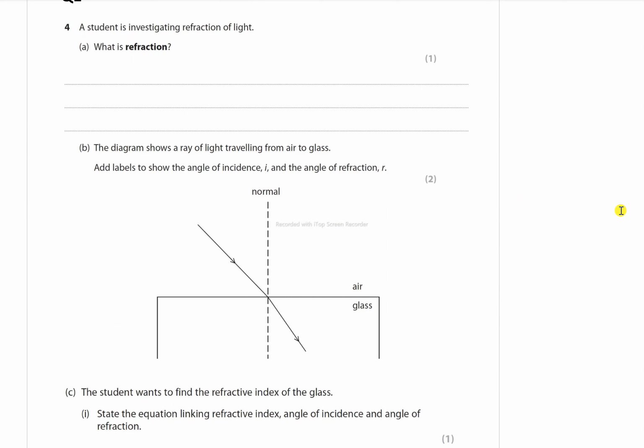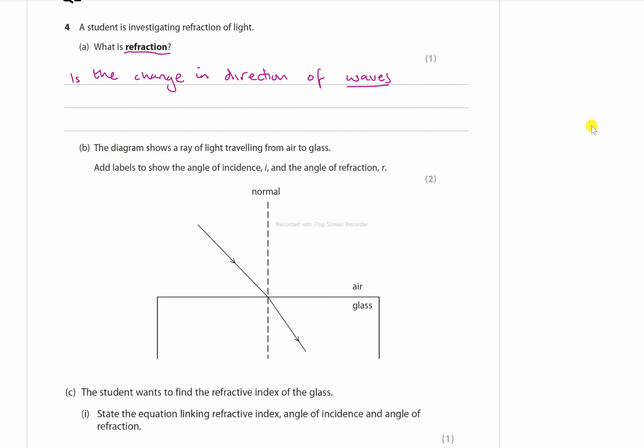Student is investigating refraction, maths mode. What is refraction? So this is how they've worded it: the change in direction of waves, right?